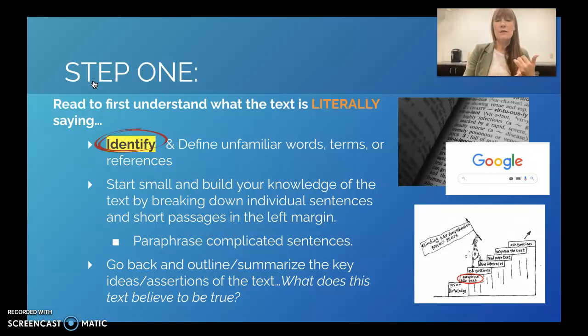So this may involve things like paraphrasing complicated sentences or putting them into your own words. You may also want to go back into that left-hand margin and write a simple statement or keyword that summarizes the main ideas of that particular paragraph.